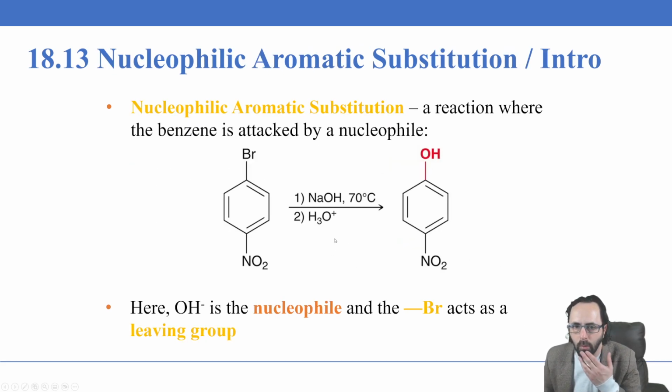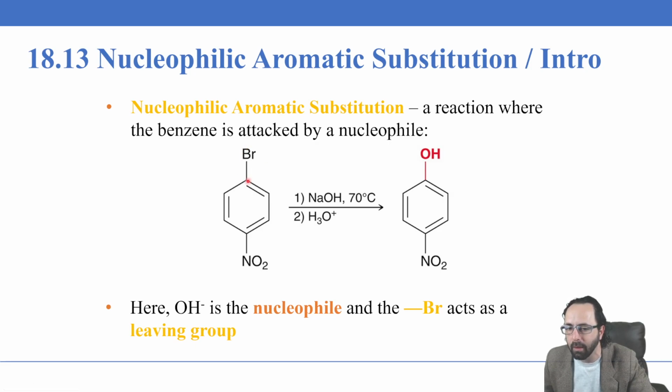Okay, so up until now, we've been talking about electrophilic aromatic substitution, where we react the aromatic ring with an electrophile, and the aromatic ring is the nucleophile. We can also do the opposite, where we make the aromatic ring the electrophile, and then react it with a nucleophile. The example here would be hydroxide. We can substitute an aryl halide, and this is somewhat analogous to an SN2 reaction.